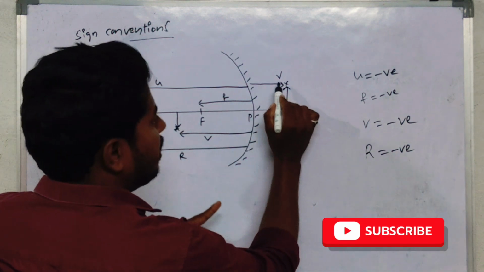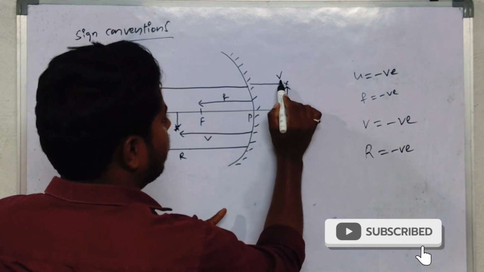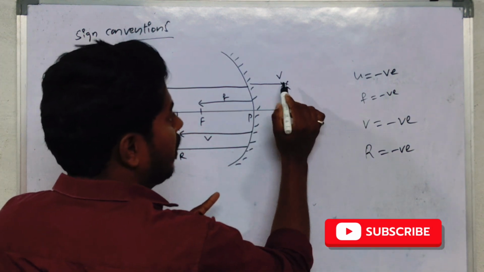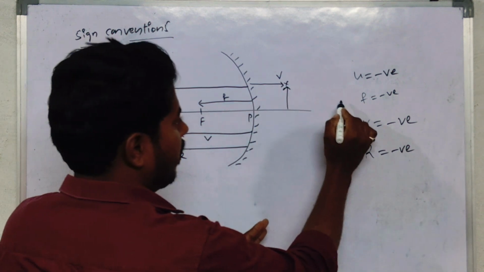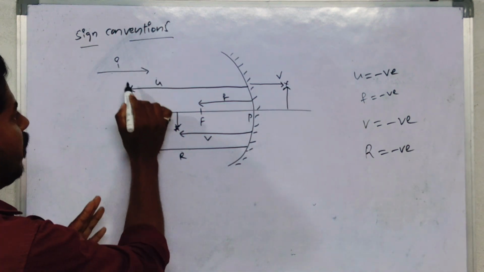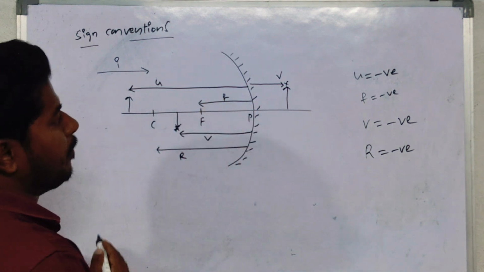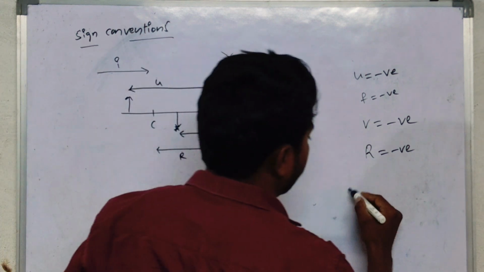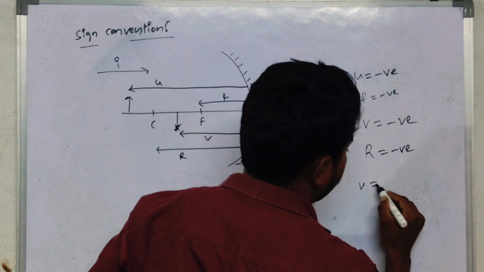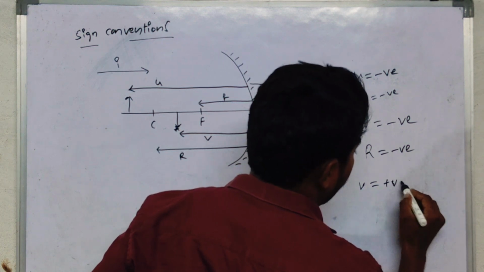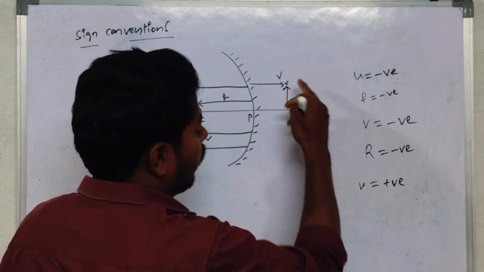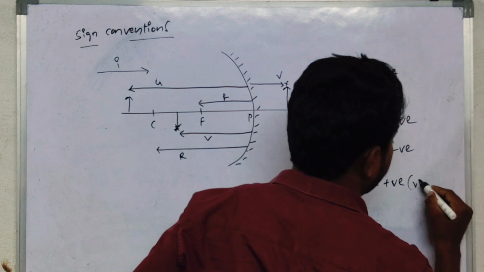The direction of the image distance is towards the right and the direction of the incident ray is towards the right, both are in the same direction. Now the image distance is positive. It is positive for a virtual image.